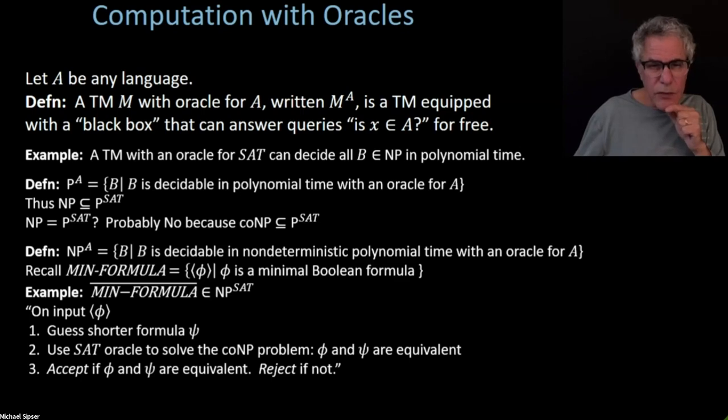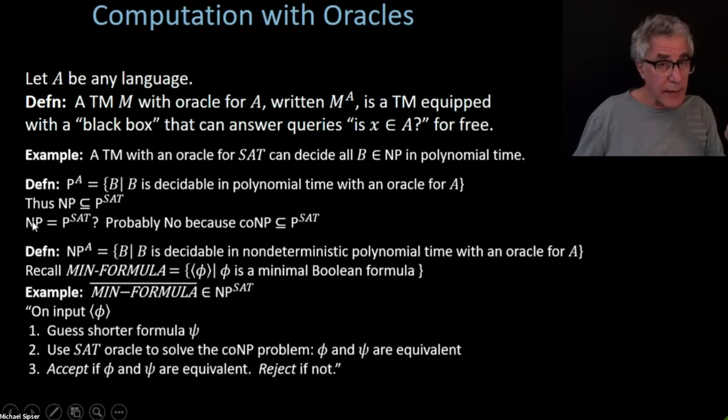Let's see, an oracle question. How do we use a SAT oracle to solve whether two formulas are equivalent? Well, we can use a SAT oracle to solve any NP problem because it's reducible to SAT. In other words, P with a SAT oracle contains all of NP.